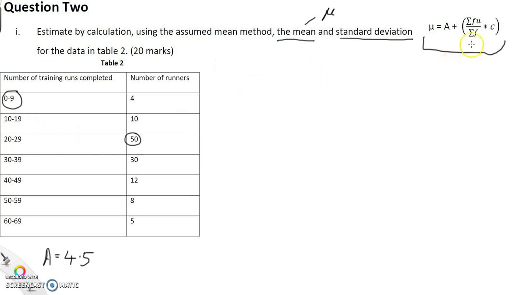Now these other items in the formula: this Greek symbol sigma fu is the sum of some stuff, and down here sigma f is the sum of the frequencies, and c here is the class width.